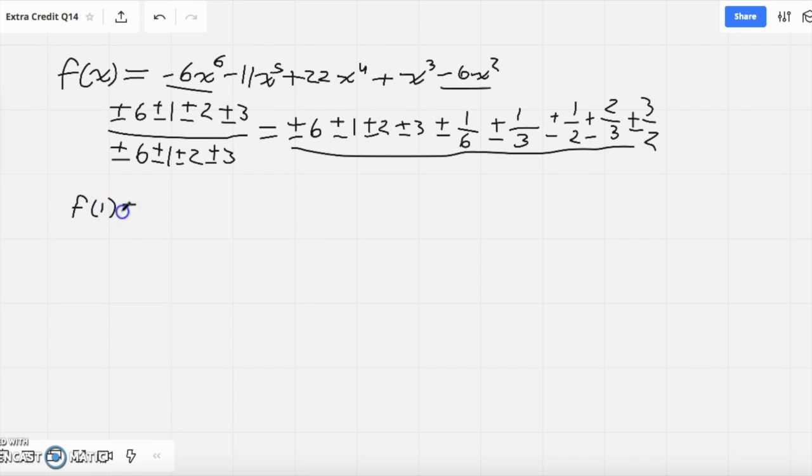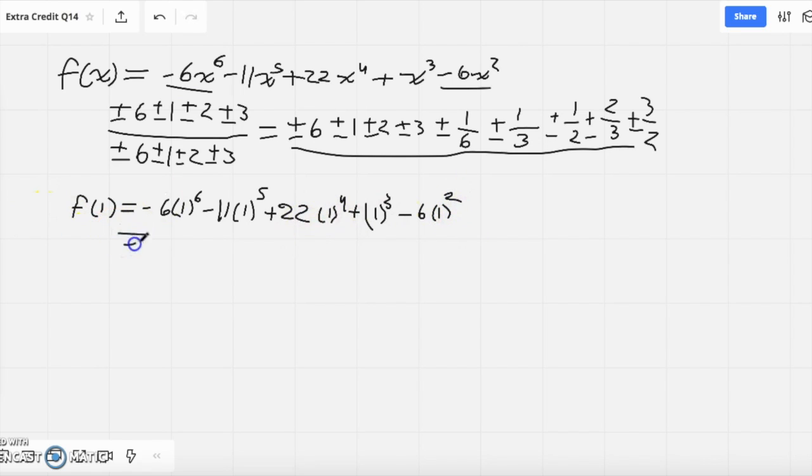So when we plug in f of 1, we're going to see it's going to be -6 times 1 to the 6th, minus 11 times 1 to the 5th, plus 22 times 1 to the 4th, plus 1 to the 3rd, and then minus 6 times 1 squared.